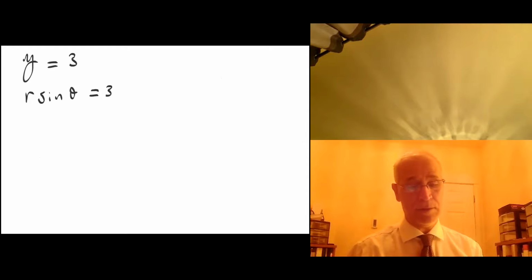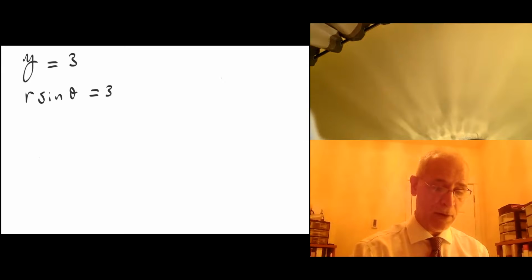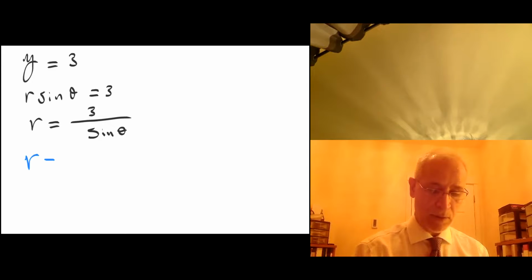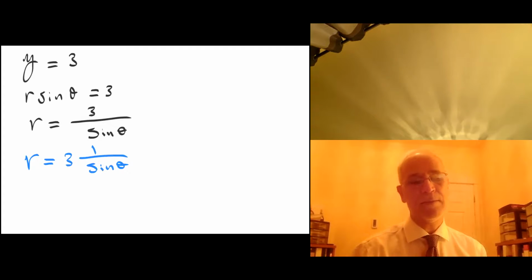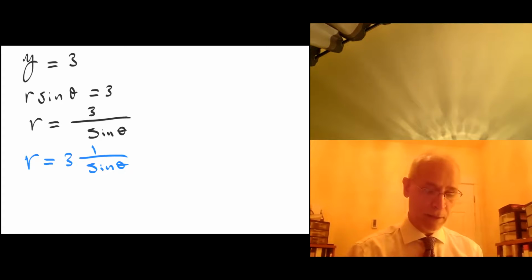What can I do? I can divide both sides by sine of theta. So I have r equals 3 over sine of theta. And I can rewrite this as r equals 3 times 1 over sine of theta. What is 1 over sine of theta? It's cosecant. So r equals 3 cosecant of theta.